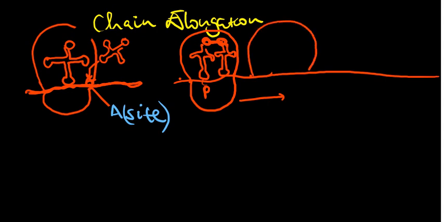Let me label them. This is the P site, this is the A site. The tRNA that was in the A site, immediately this ribosome moves to the left.